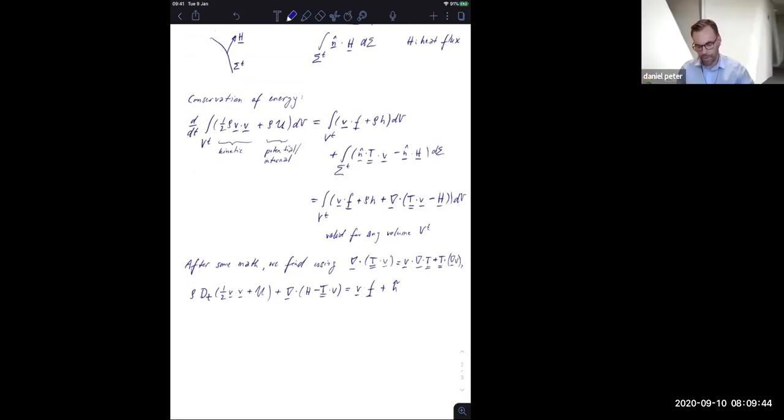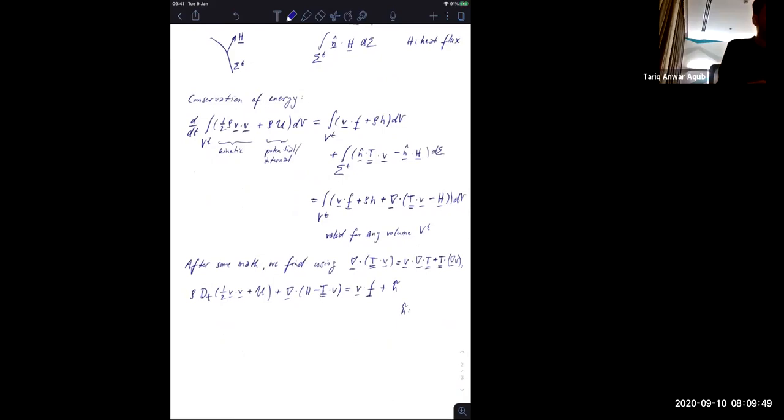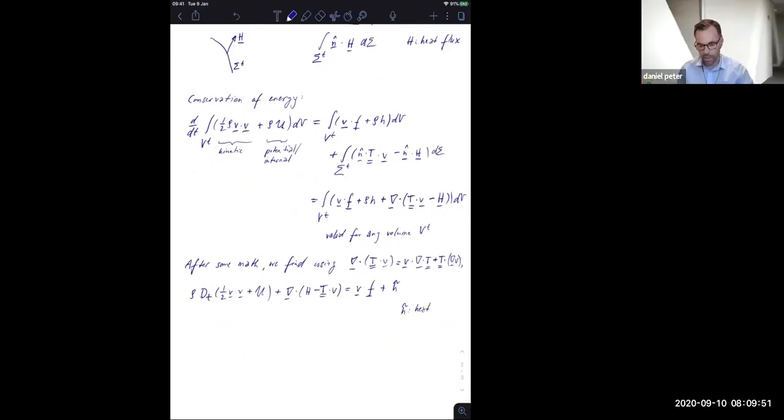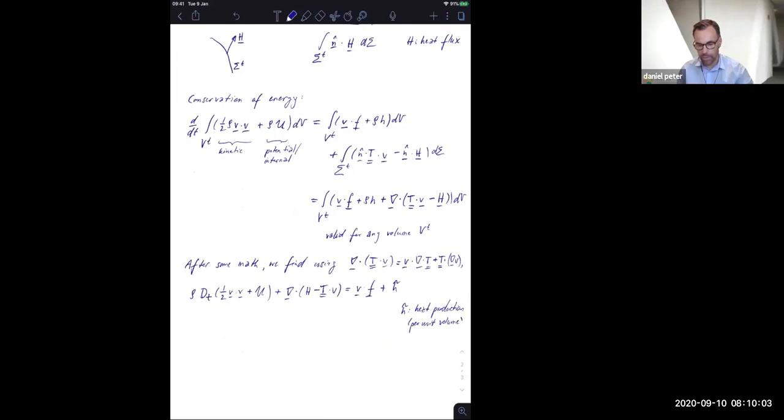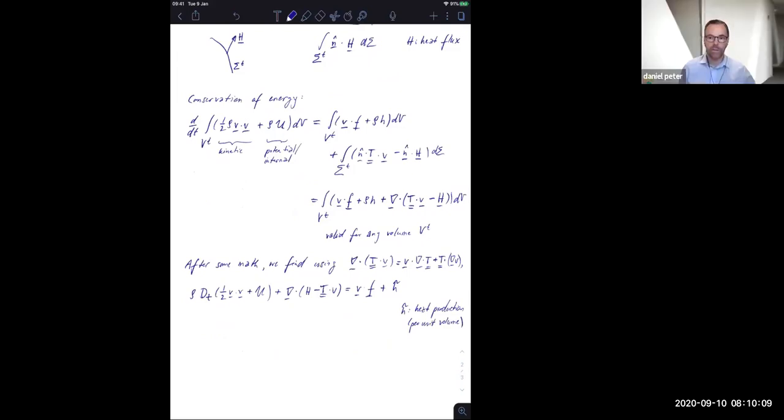And here, H now is the heat production, but it's not per unit mass, it's per unit volume. So we can omit the rho that we had. So that makes things a bit simpler. So now it's just the heat production per unit volume.